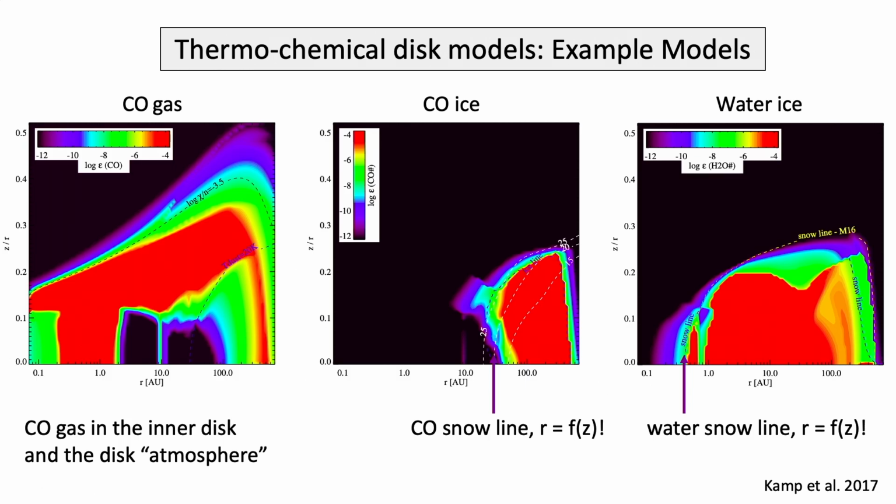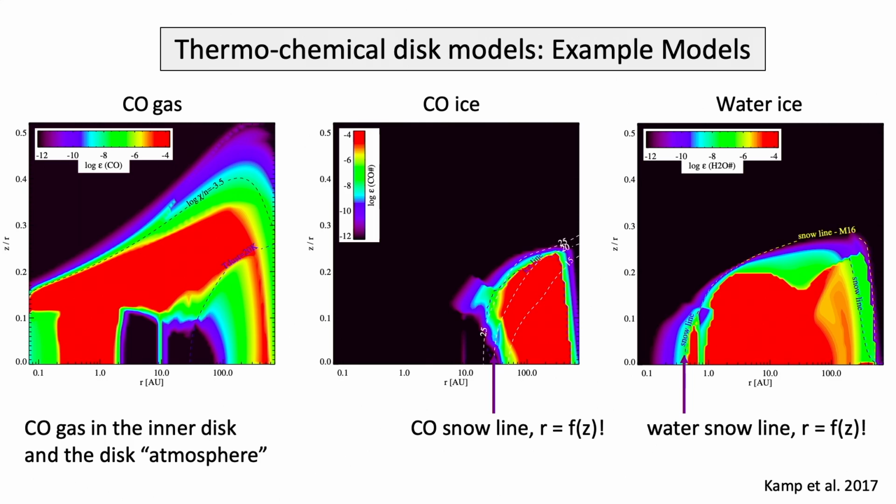But you can find out from such models where CO gas is. CO is, for example, very widely distributed from the inner disk to the outer disk, but then there's missing CO here. Red means it's the maximum amount of CO that you have in this model, 10 to minus 4 times the hydrogen density. But there are gaps, right?